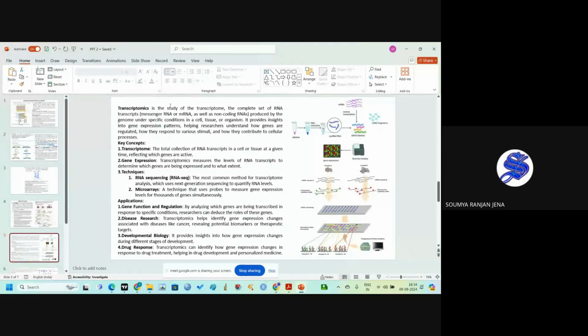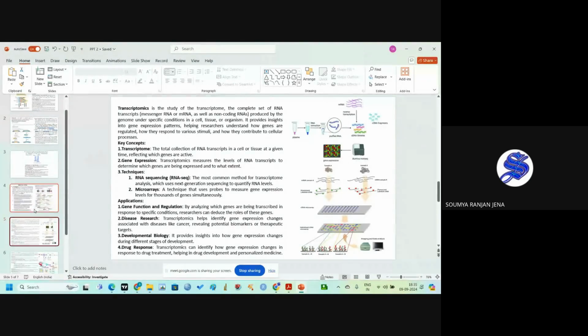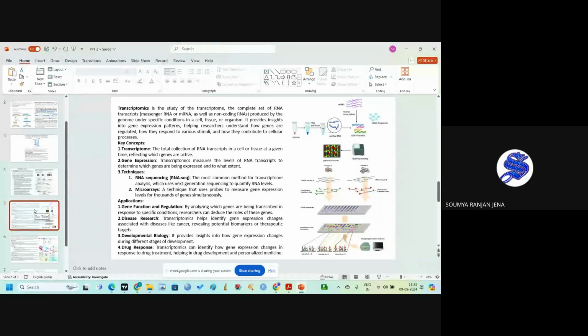So to study this, transcriptomics is the study of the transcriptome, that is the complete set of RNA transcripts. Here we study the complete set of RNA, meaning a cell has different types of transcripts like messenger RNA and non-coding RNA.